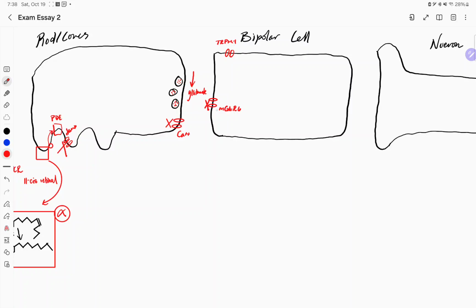So if no glutamate is coming here to activate mGluR6, TRPM1 is going to stay open.